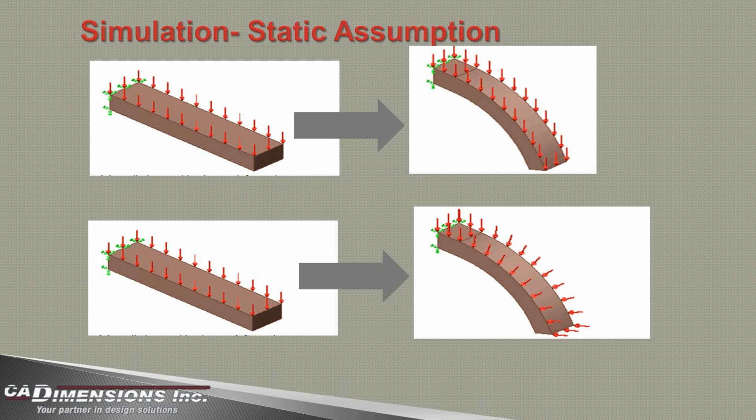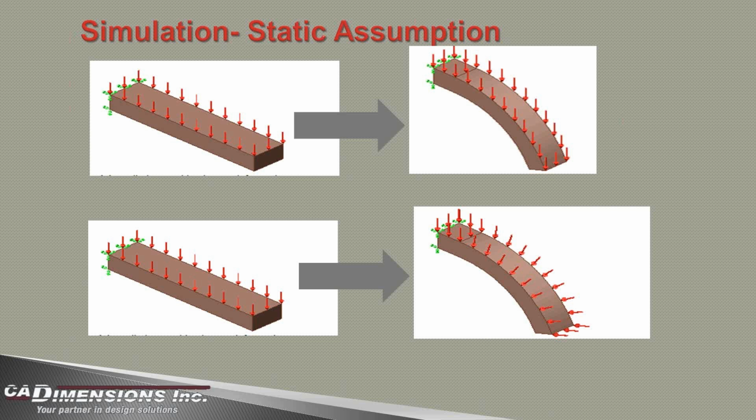When an analysis is static in nature, its forces are applied slowly and gradually, but the really important piece is they never change direction. So notice just this example at the top here. If I apply a force normal to the top surface, as it bends, those forces stay normal to that top surface.